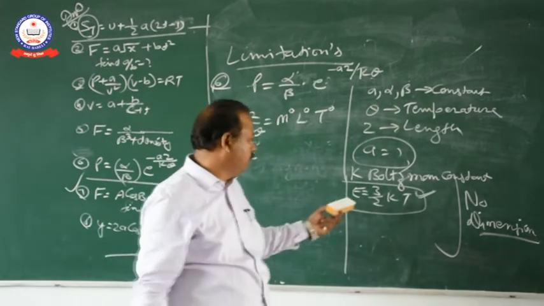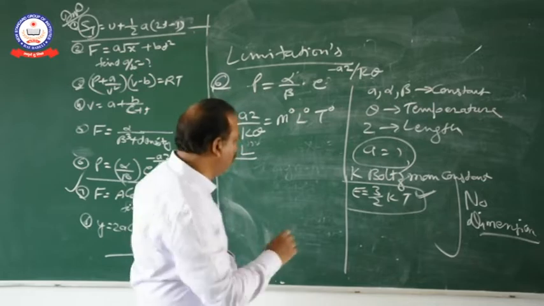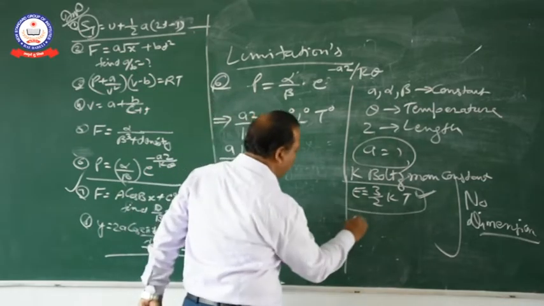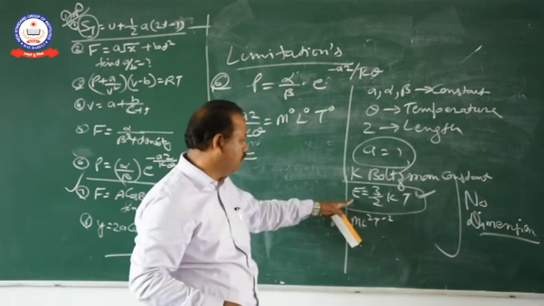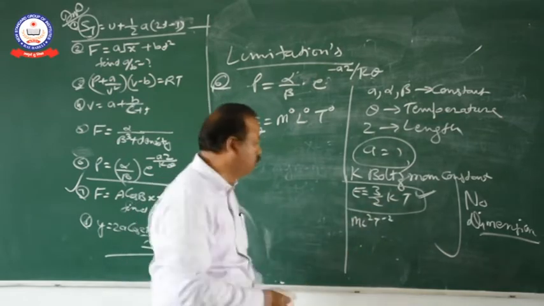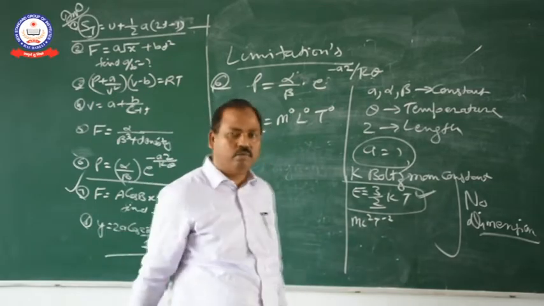E is the energy of one molecule, ml square t raised to power minus 2. 3 by 2 is a numerical value we don't use.